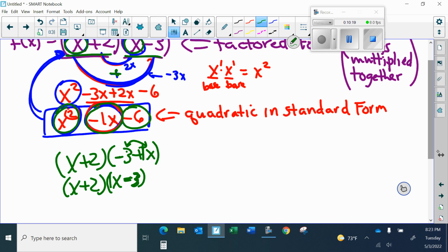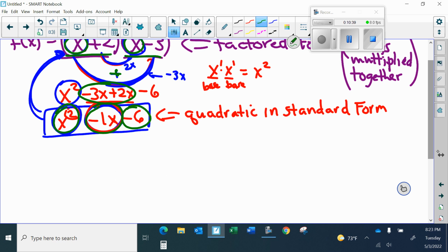Remember, minus and negative mean the same thing. Okay, and then I'm going to go ahead and multiply it out. And then you'll have your like terms in the middle, like we have here, to combine them to get down to a single linear term. So if you need to, rearrange them if they don't give it to you in standard form already. Most of the time they're given to you in standard form, but just in case they don't.